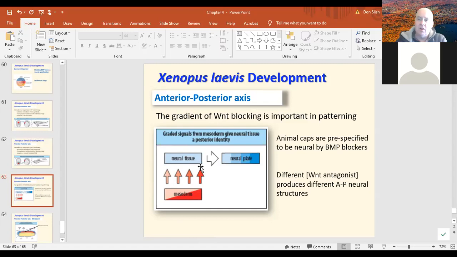So you get a series of concentrations of Wnt blocking on these neurally induced animal caps. And what you find is at the highest Wnt blocking activity, you get anterior structures, anterior neural tissue. And at the lowest concentration with no Wnt blocking, you're going to get the posterior neural tissue. So this gradient of Wnt blocking activity is giving you the anterior to posterior axis.